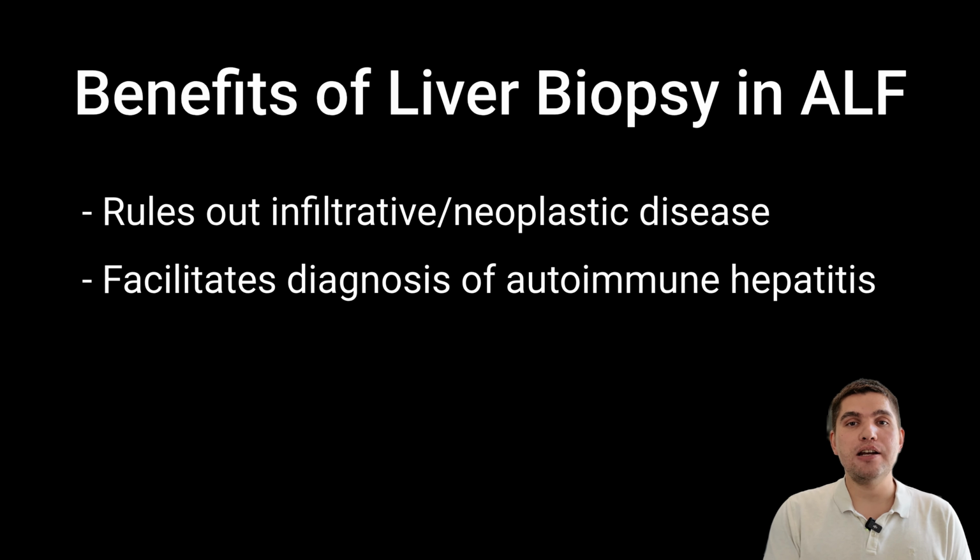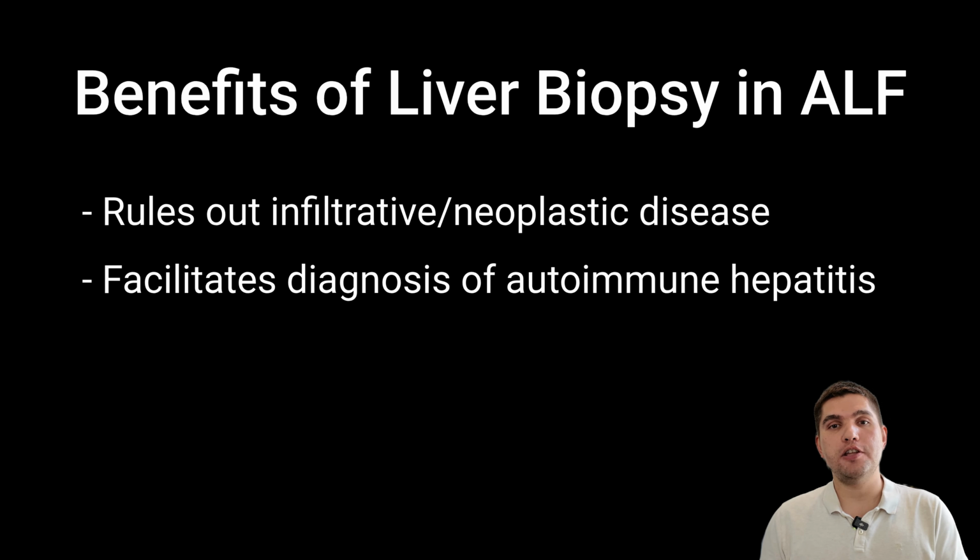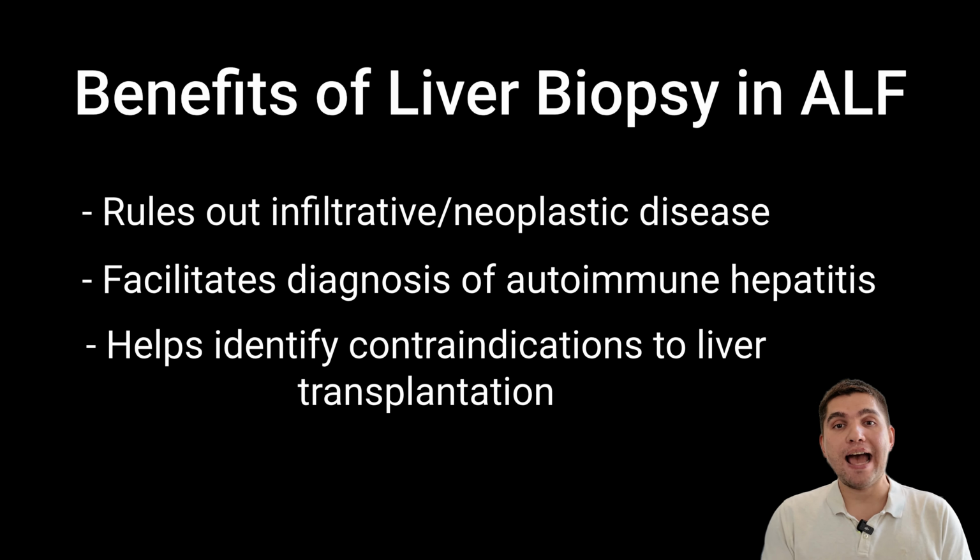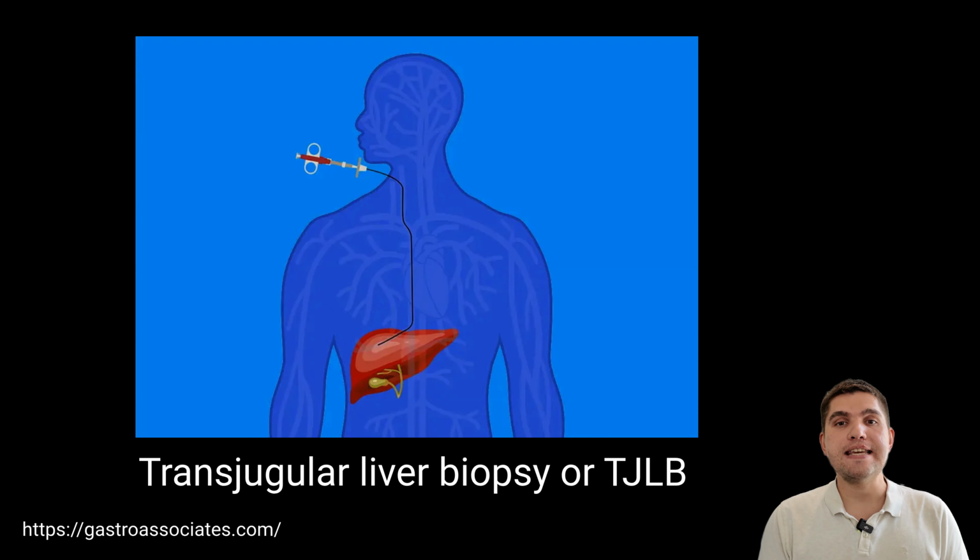It can also diagnose autoimmune hepatitis, which may respond to steroids. Finally, it can identify contraindications to transplantation. Their preferred technique is transjugular liver biopsy, or TJLB, because it avoids puncturing the liver capsule and minimizes bleeding risk.